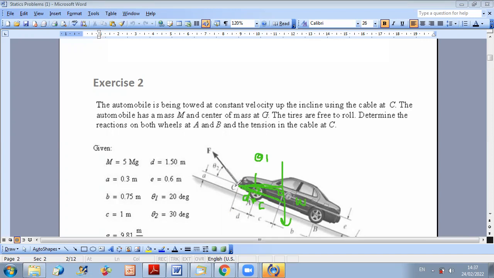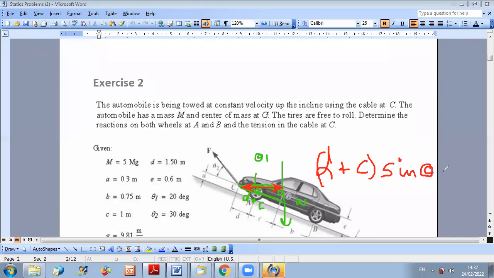So I can determine the horizontal distance from the weight to point C. In this right triangle, I just have to multiply D plus C by sine of theta 1. So it's equal to D plus C times sine theta 1.